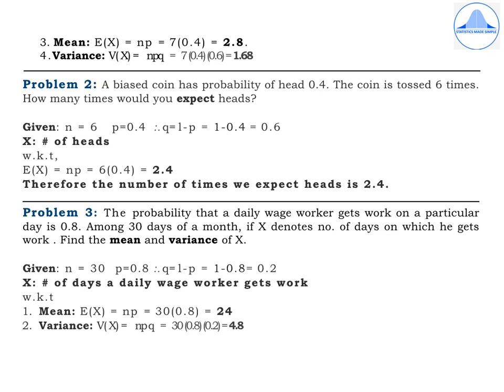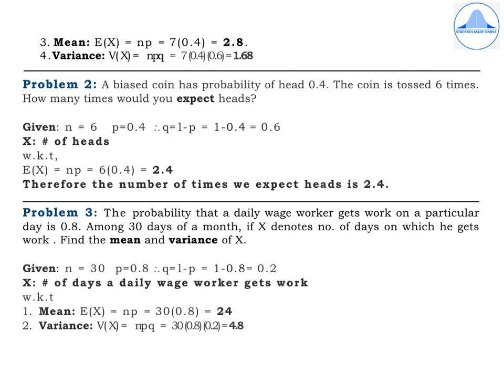Why? Because among 365 days in a year, they have chosen 30 days of a particular month, and in those days they have found out the number of days a daily wage worker gets work.